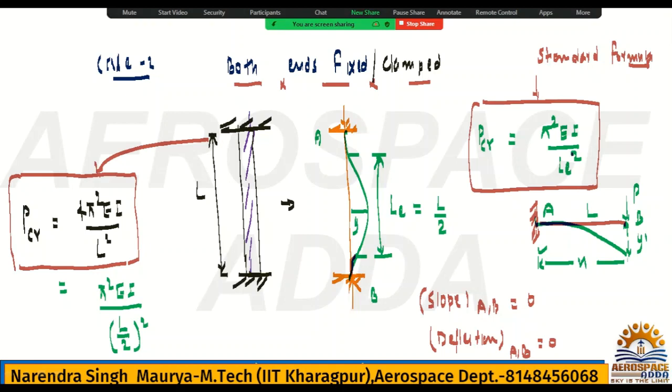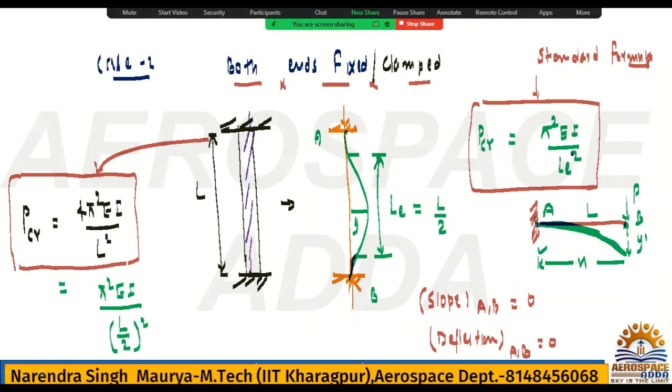But if the ends are fixed, their slope will be 0, like this cantilever, because it is fixed, hence this elastic line will be attached.